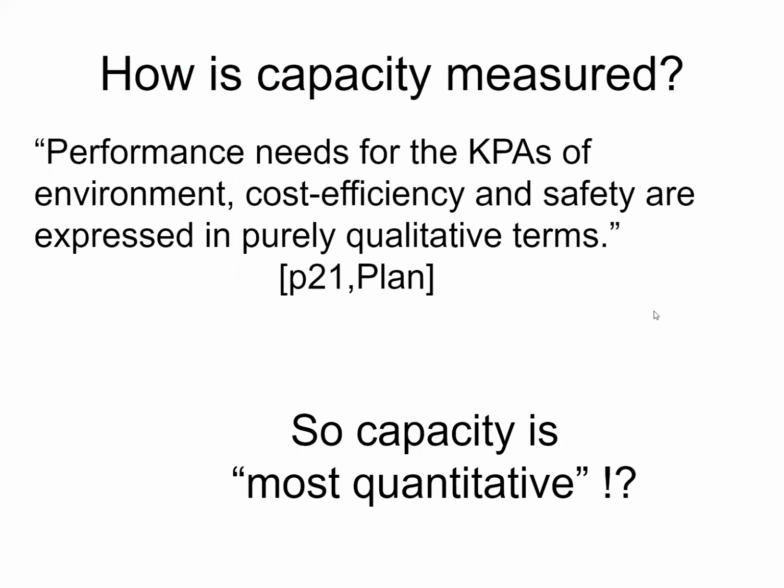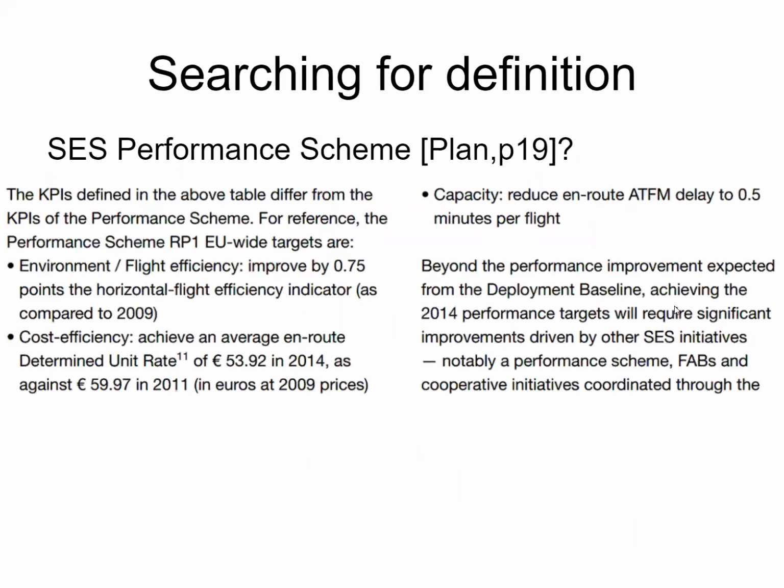Okay, so how do we measure capacity if it is so measurable, so quantitative? Well, you look at the performance scheme, and you can find things like: increasing capacity means reducing air traffic flow management delay. And again, Eulalia spoke to you about the difference between ATFM and air traffic flow and capacity management.